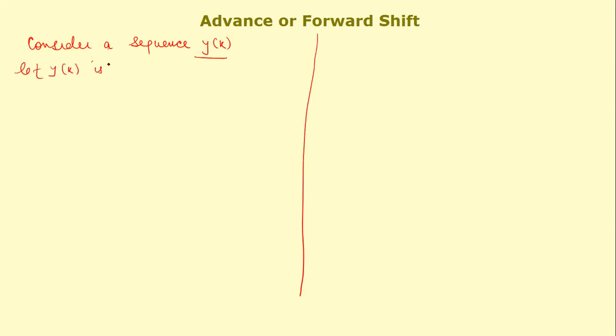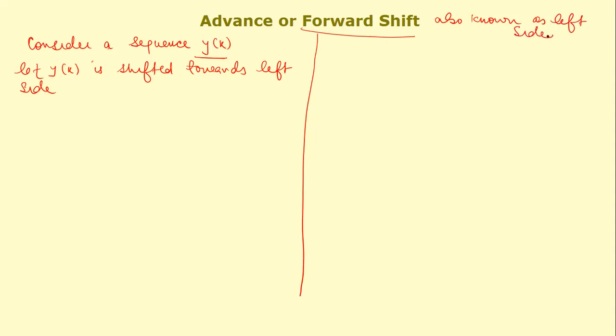Now consider a sequence y k, and let y k be shifted towards the left side, because forward shift is also known as left-sided shifting.